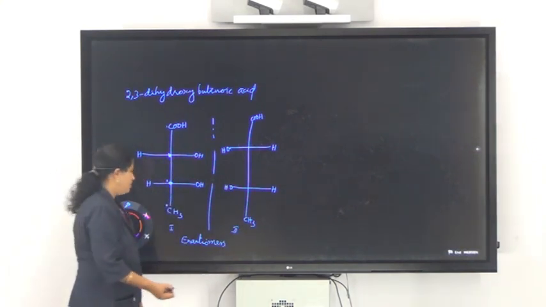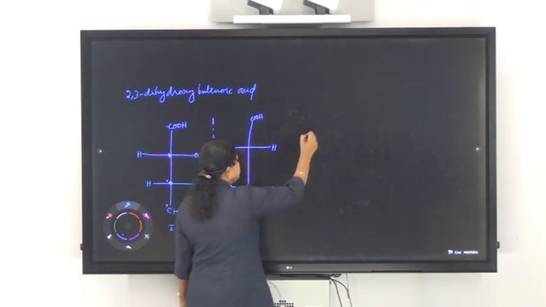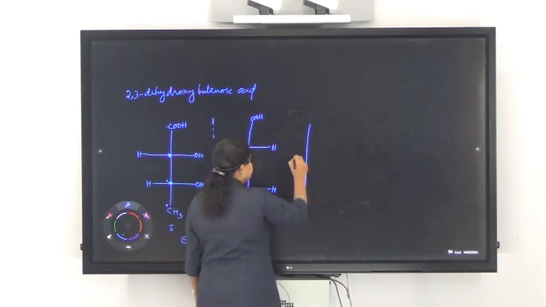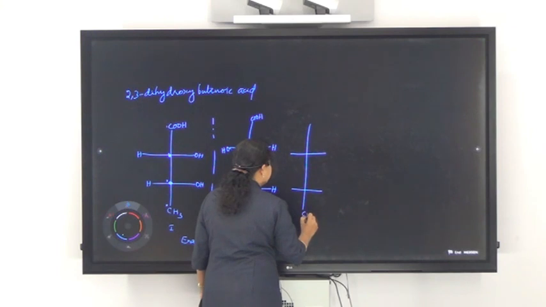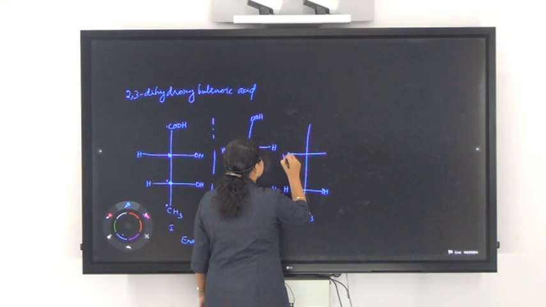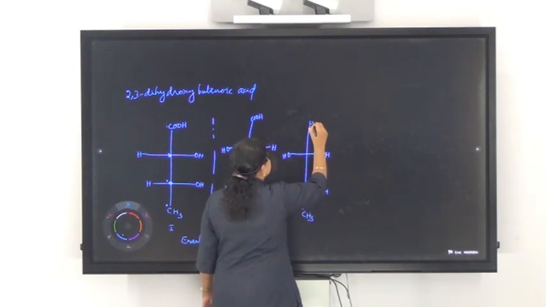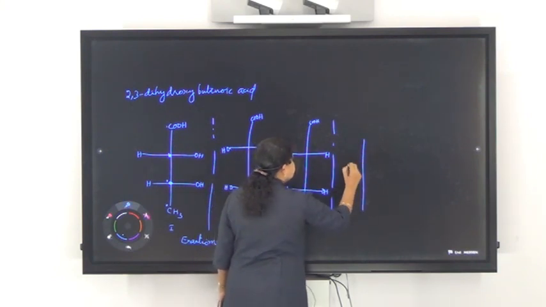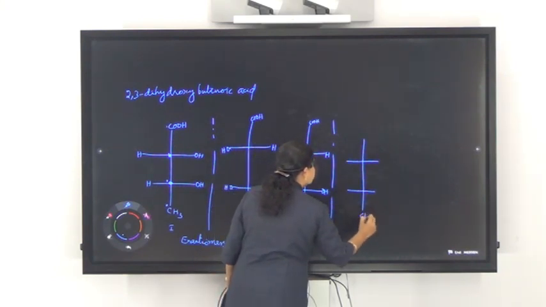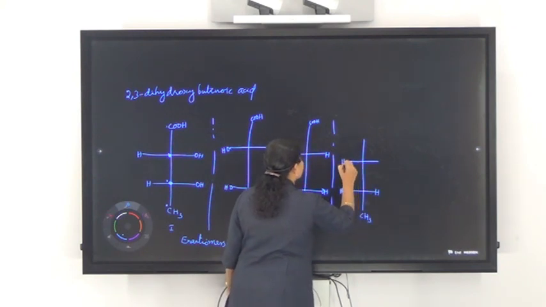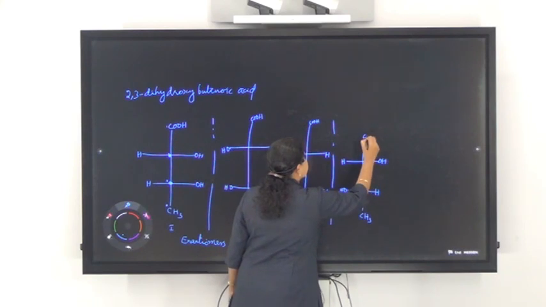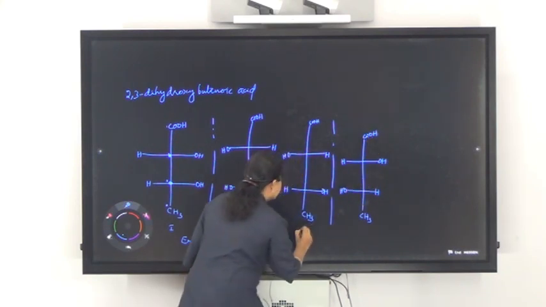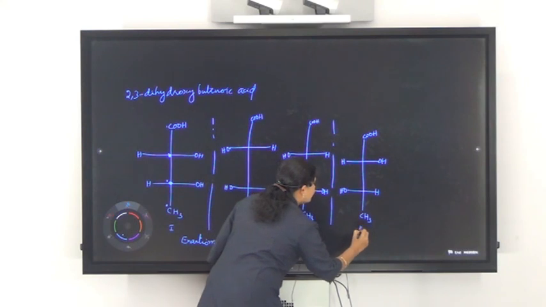Next we can also write different isomers like this. Take the mirror image of this one. This is the third isomer and this is the fourth isomer.